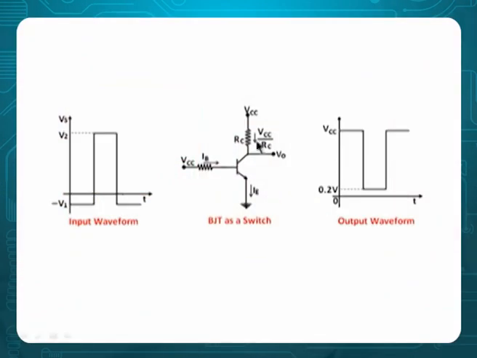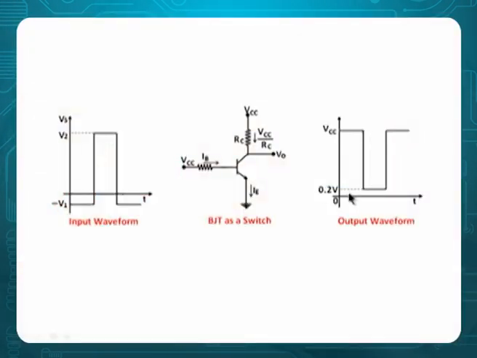Common emitter, amplifier by nature, common emitter connection by nature, is an inverter. Tomorrow if anybody asks you to draw the circuit of an inverter or a NOT gate, don't worry at all, because you just draw a common emitter, and that itself will act as an inverter. When you say cutoff, maximum voltage will come there, that's why VCC.